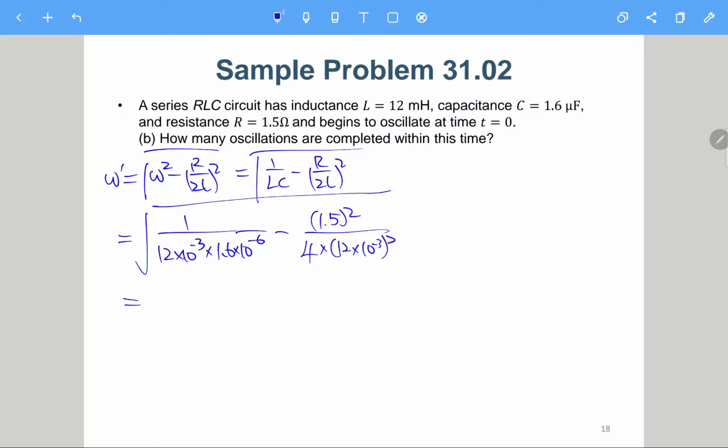So this number will be 7.217 kilo radian per second.